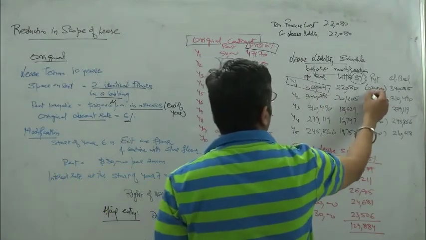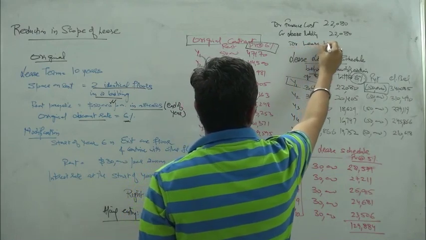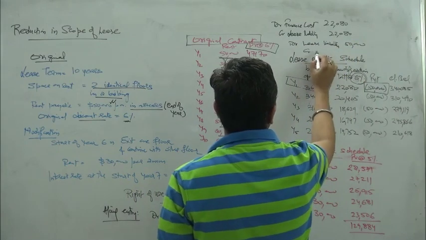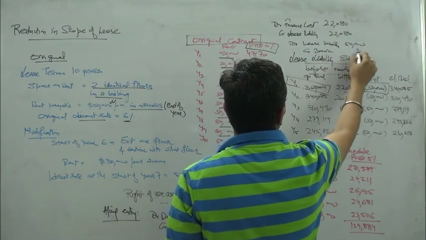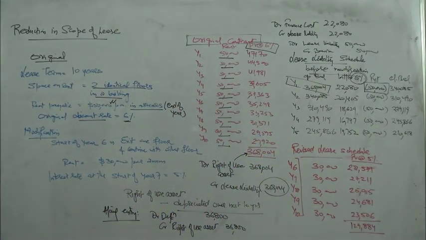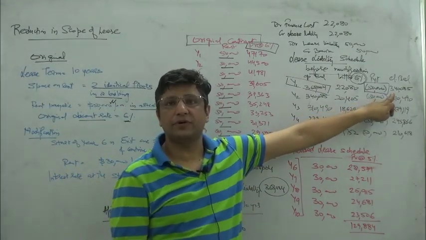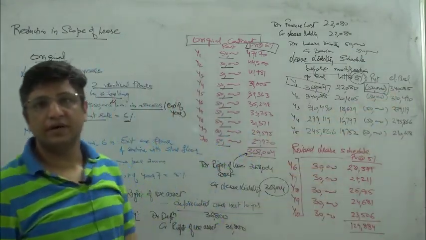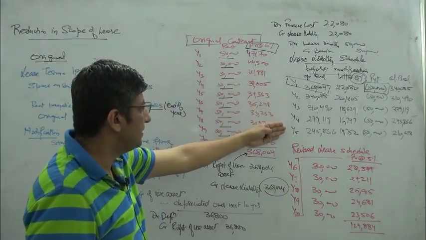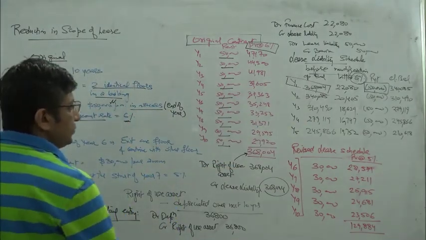Now I'm making an overall payment of 50,000, so that would reduce my lease liability to the extent of 50,000, and I will reduce my bank account to that effect. All right, and that would give me a closing balance for year 1 amounting to 340,085.